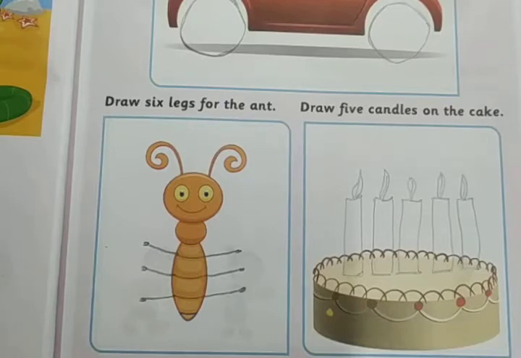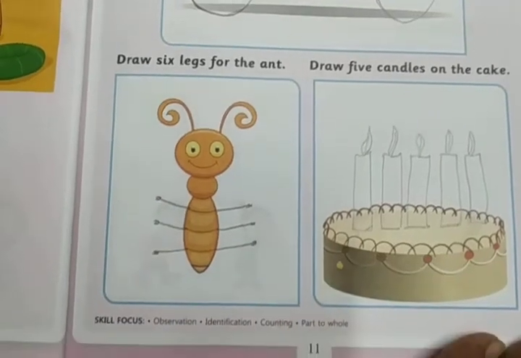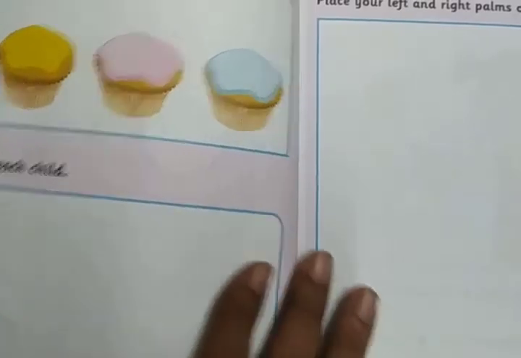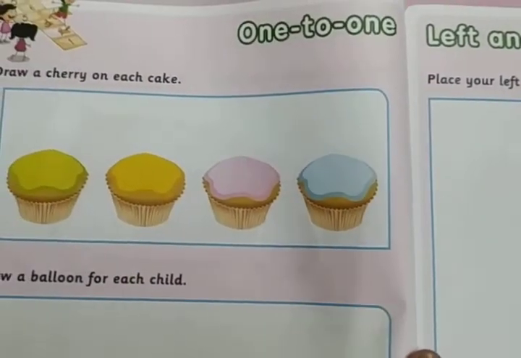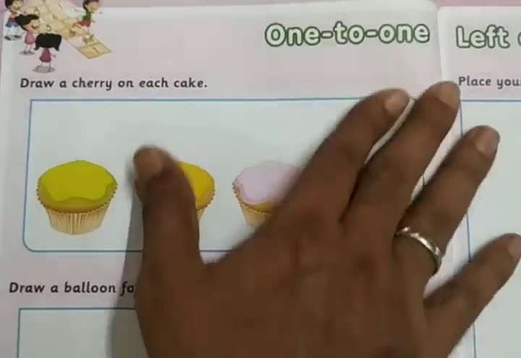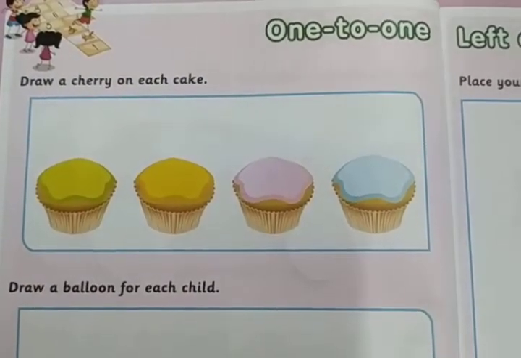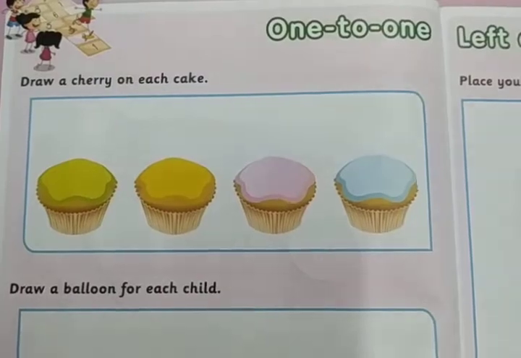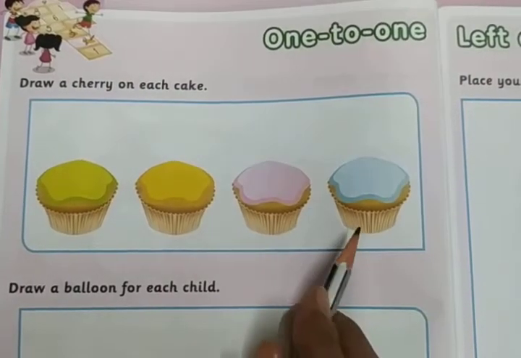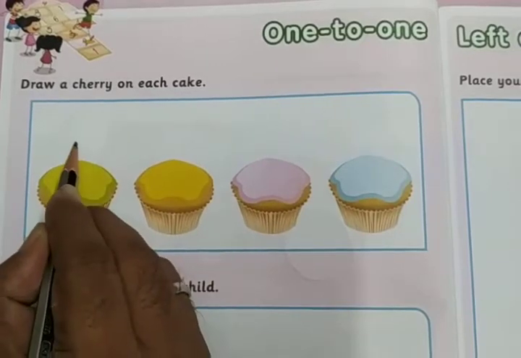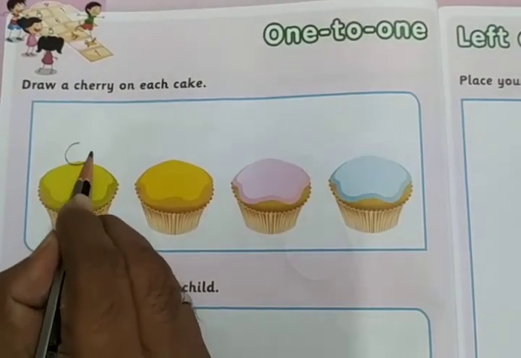Alright, next, this is on page number 11. Next is here, draw a cherry. Cherry on the cupcake. Okay, a round cherry.